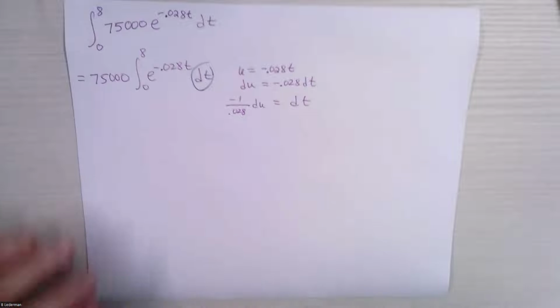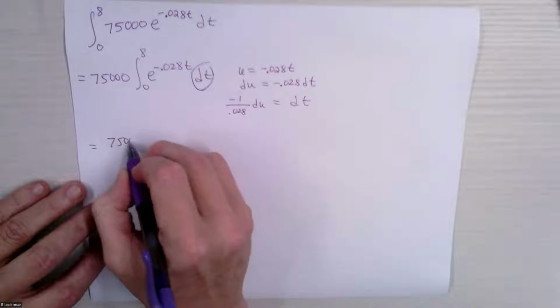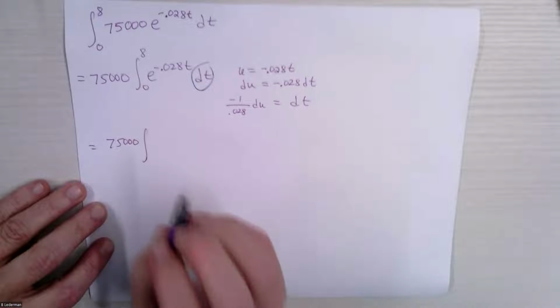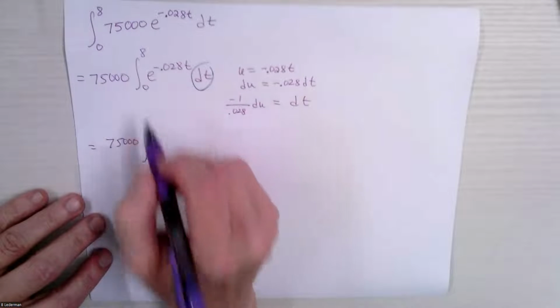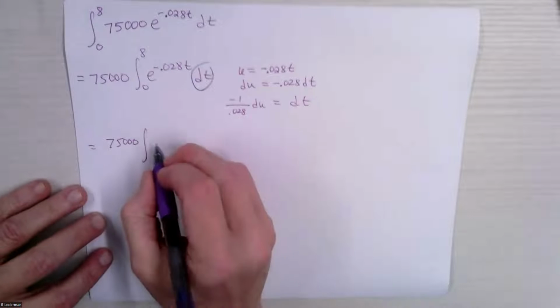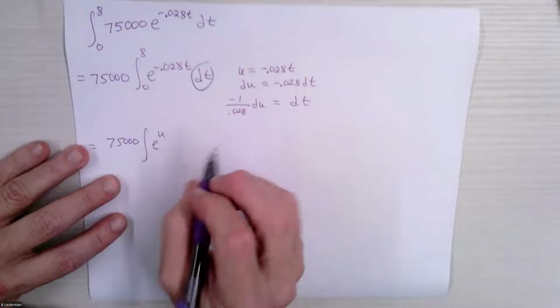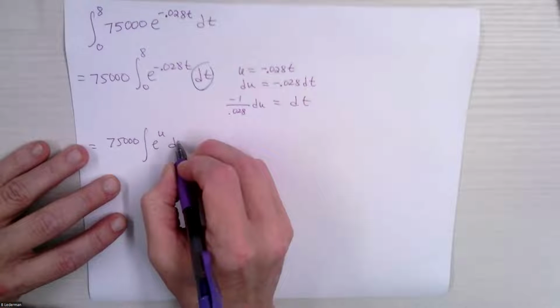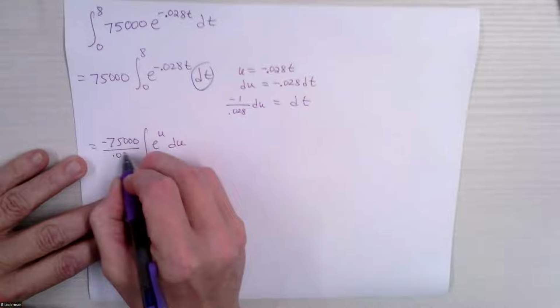What happens now is that my integral is going to equal 75,000 times the integral. I'm going to leave the limits blank for now, instead of 0 and 8, because I'm going to back substitute later. But this is going to be e to the u times du divided by negative 0.028.